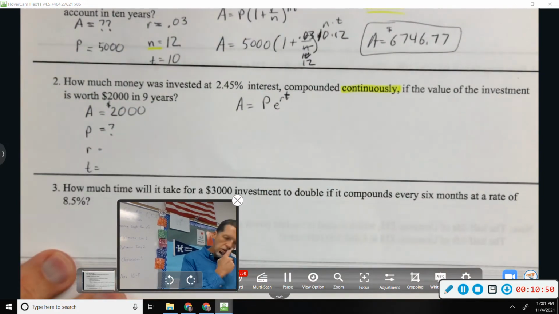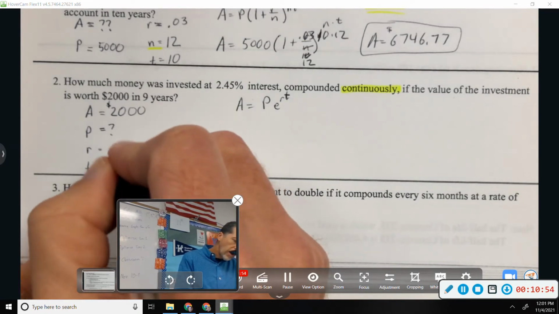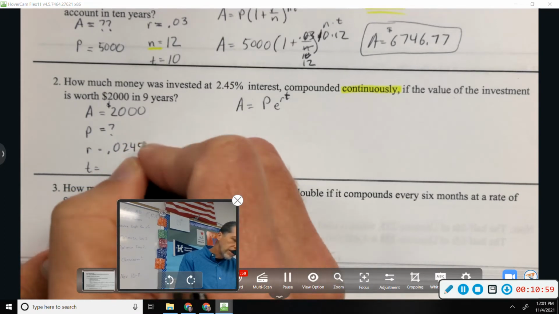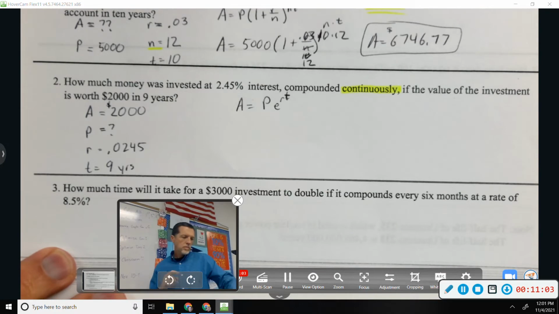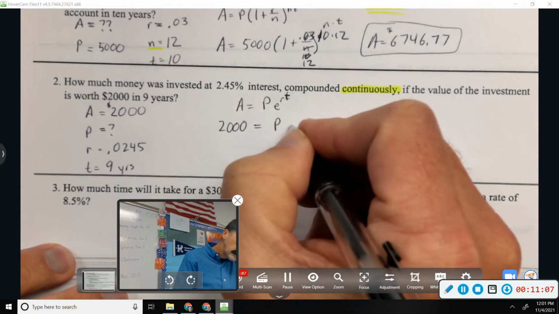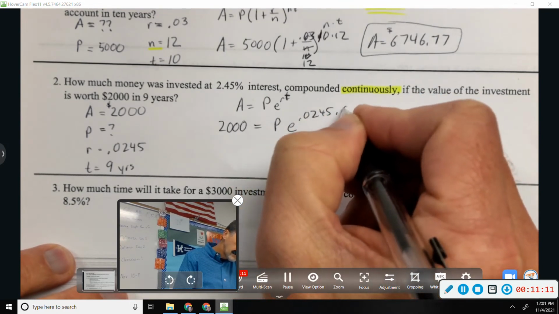That's what we're looking for. Rate: 2.45, so 0.0245, for 9 years. So 2000 equals P, E to the 0.0245 times 9.